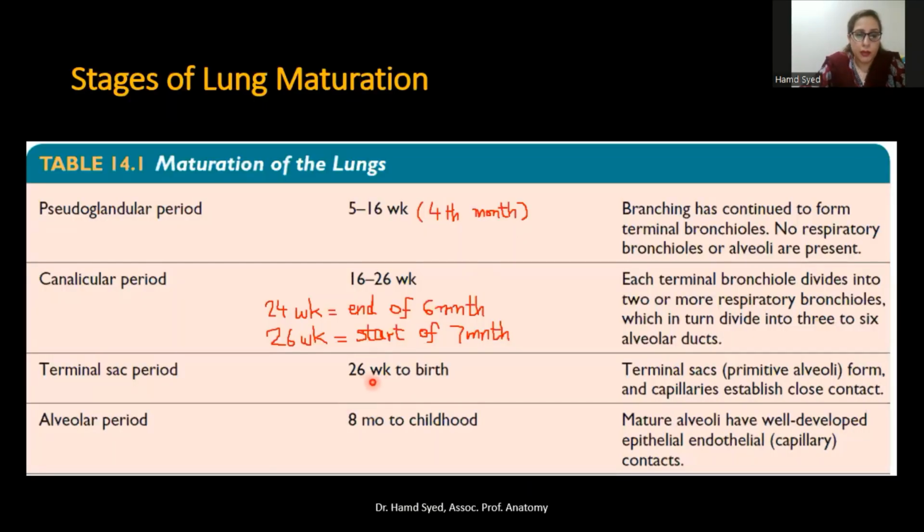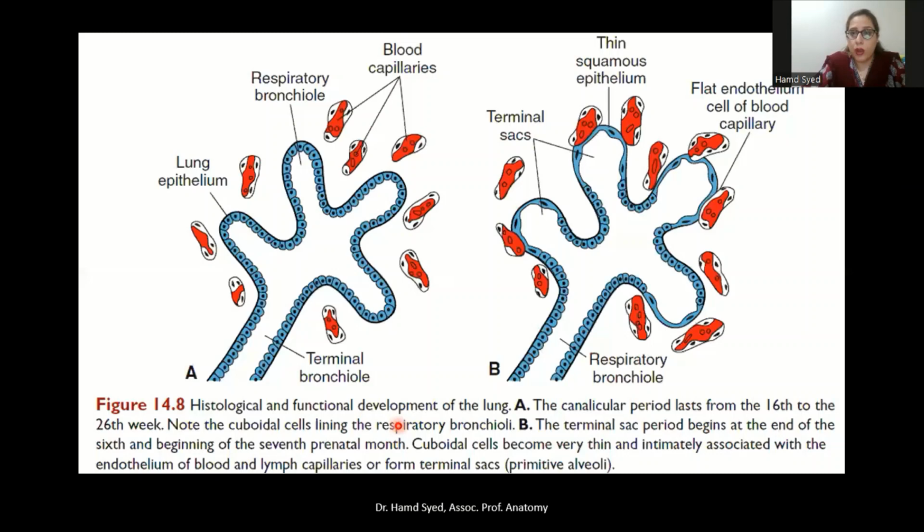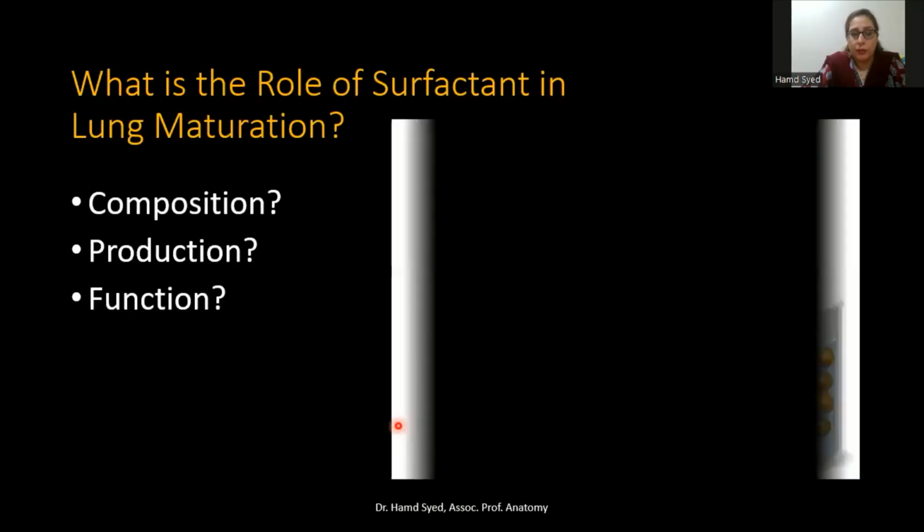The terminal sac period is up till birth, and it coincides with the alveolar period when the mature alveoli have also started to appear. So these stages start from the 8th month onwards, when the mature alveoli have started to make their appearance.